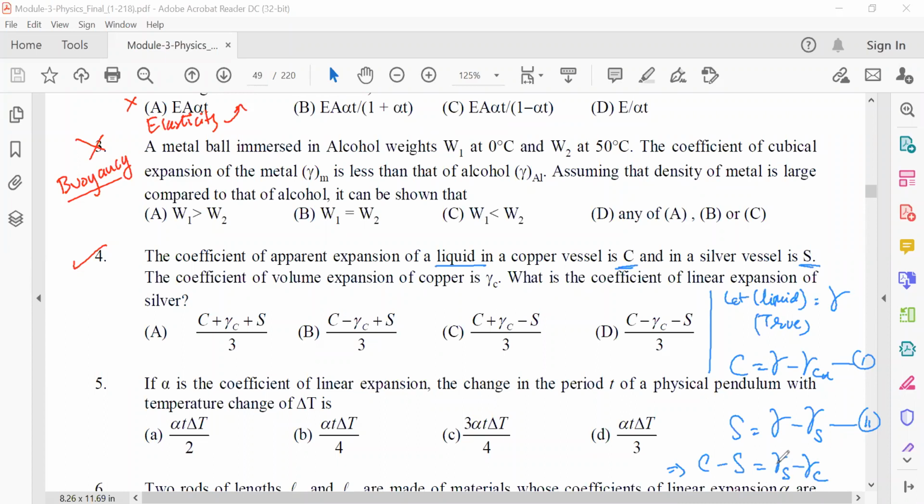So gamma for silver is equal to C minus S plus gamma for copper. So alpha for silver will become 1/3 of gamma for silver. So it will become (C minus S plus gamma C) divided by 3. So this is the correct option.